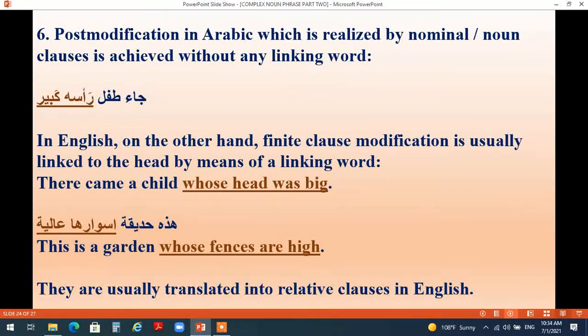So we can say this is a garden whose fences are high. So they are usually translated into relative clauses in English. يعني nominal or noun clauses باللغة العربية حين نريد أن نترجمها إلى اللغة الإنجليزية يفضل أن تترجم باستخدام relative clauses.